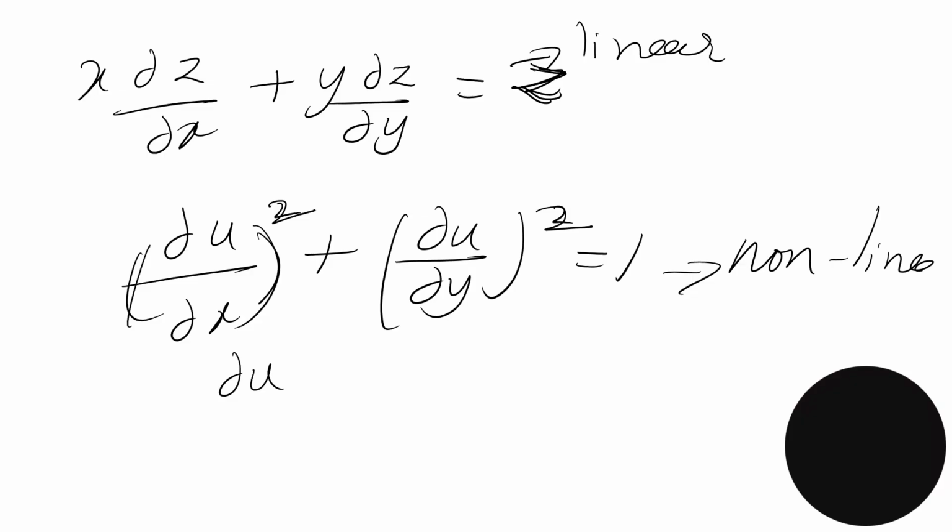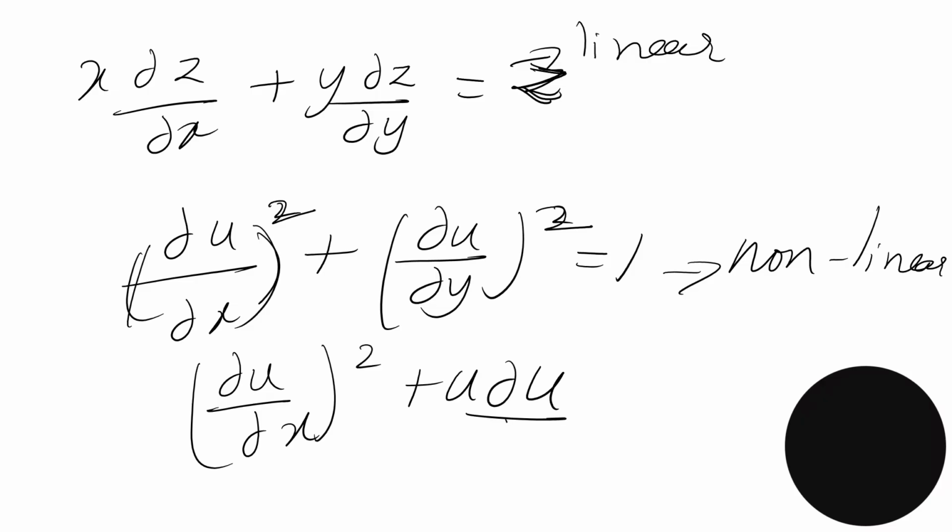Yes, many students are confused about linear and nonlinear equations. That's why we revised like that. Can you guess what the type is? Here the whole square is there, as previously seen, so you multiply with the derivative. This is obviously nonlinear.